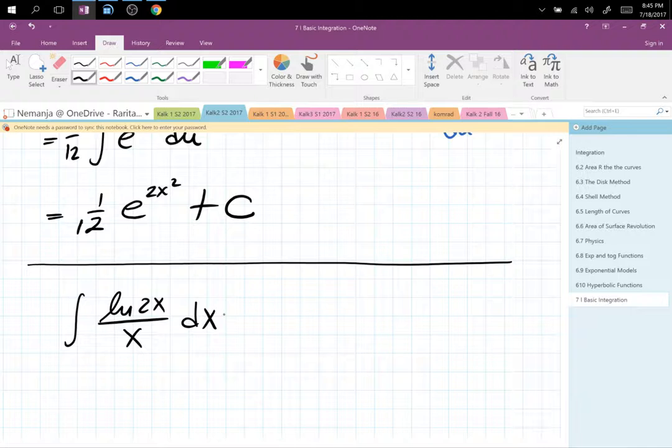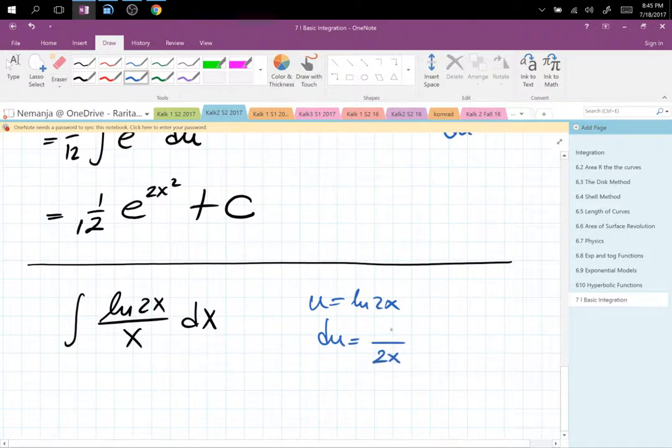Any ideas? U equals ln 2x. Yep. So u equals ln 2x. du is equal to, we put 2x and then the derivative of this is 2 and they cancel, so it's just 1 over x dx. Great.